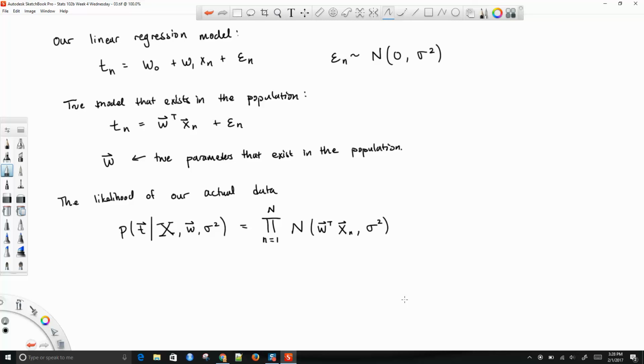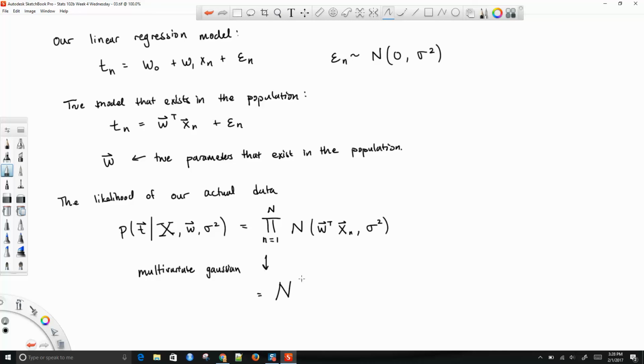We can take this all and put it into the context of a multivariate Gaussian. So if you recall the multivariate Gaussian, this would be the normal distribution for the entire vector.